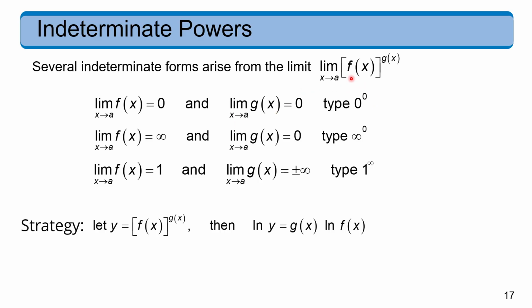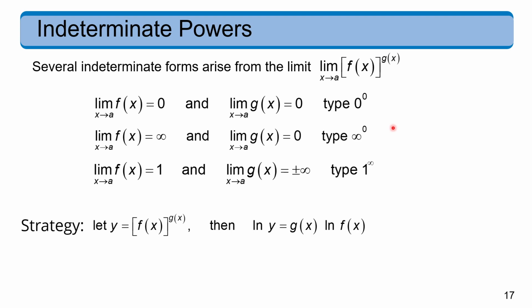If the base is approaching infinity and the exponent is approaching 0, then it would be type infinity to the 0. And finally, if the base is approaching 1 and the exponent is approaching plus or minus infinity, it's type 1 to the infinity. So we discussed earlier why these forms are indeterminate.